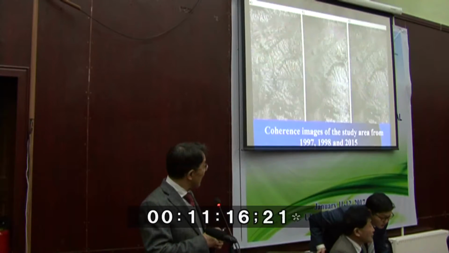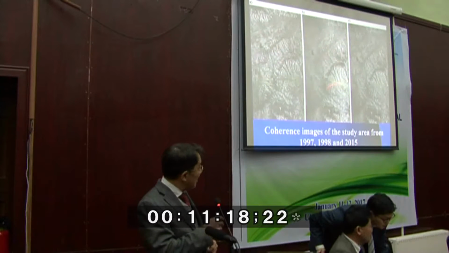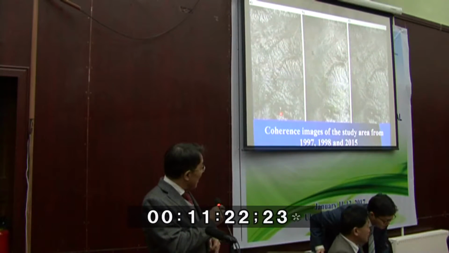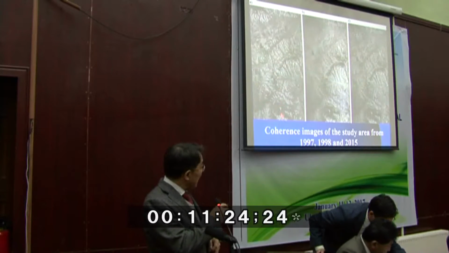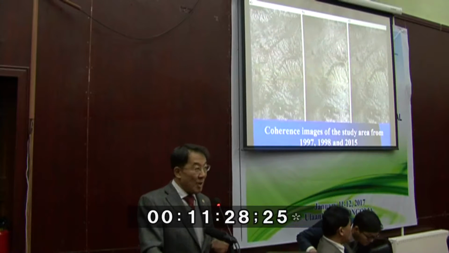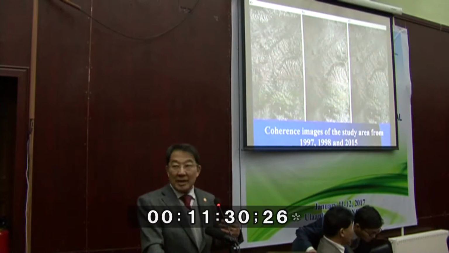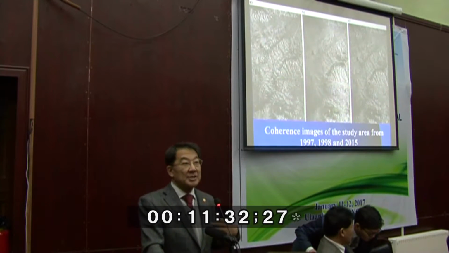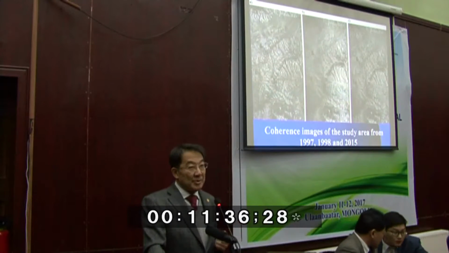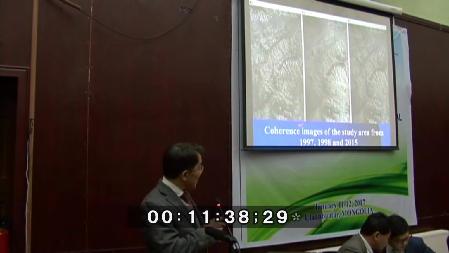Looking at those coherence images from 1997, 1998, and 2015, one can observe what kind of environmental changes occurred during August, October, and September months in those years.